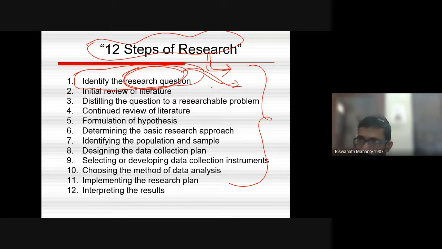Don't daydream about research. If you are saying, okay, I'm going to use this plant for lung cancer treatment, you should have some logic. Some distant logic is also fine. Now you may say, sir, this plant has been known to reduce cell growth.